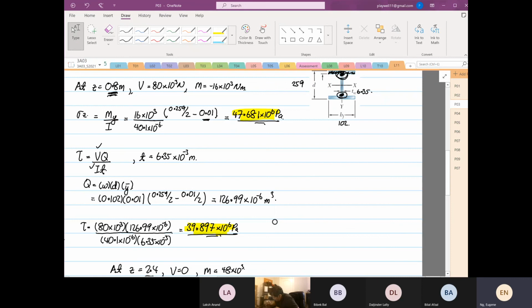Let's do it. It's the same thing. If we apply our stress average, or center of the circle, this will be equal to 47.681 plus 0 divided by 2, so it is 23.841 times 10 to the power 6 Pascal.